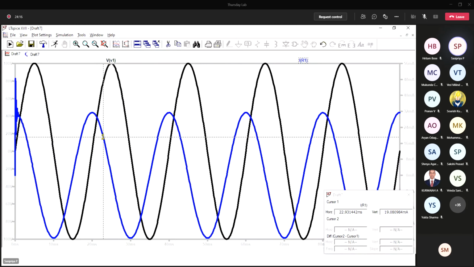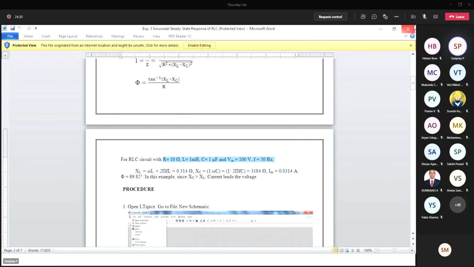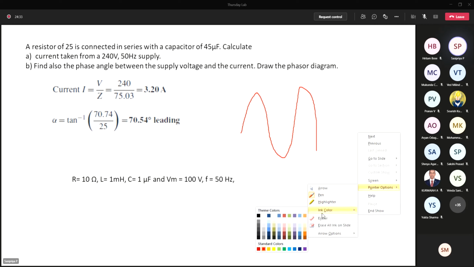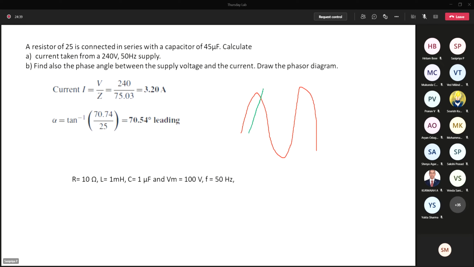Probably if this is not very clear, I'll draw and show you. See, I have my one plot. This is my another curve, right?